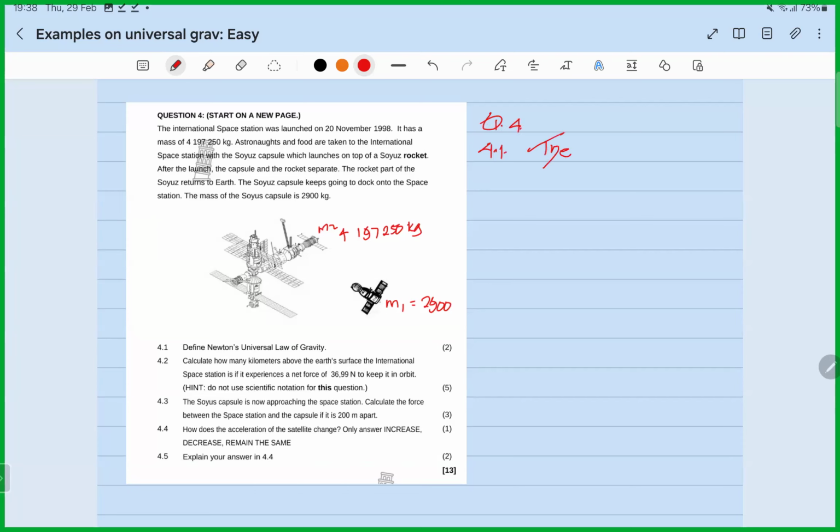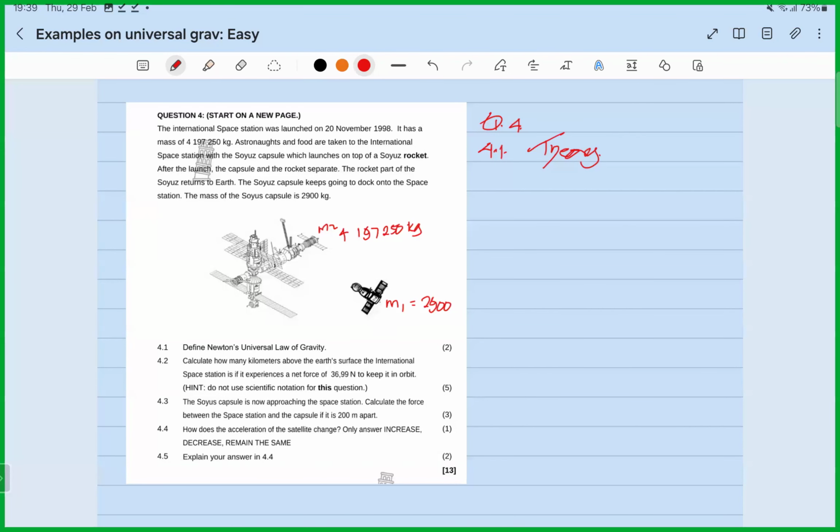That's a theory question. Calculate how many kilometers above the Earth's surface the International Space Station is if it experiences a net force of 36,99 newtons to keep it in orbit. Do not use scientific notation for this answer.